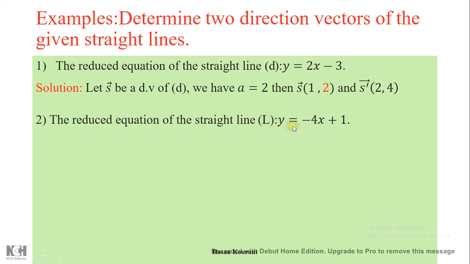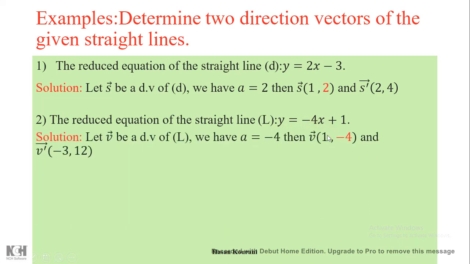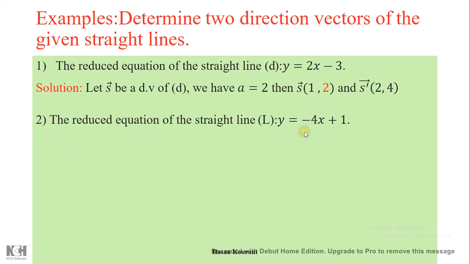Okay, let's see another example. Straight line L, whose reduced Cartesian equation is y = -4x + 1, and we try to find a direction vector. As you know, the rule says if it is in the reduced form, the direction vector is (1, a).